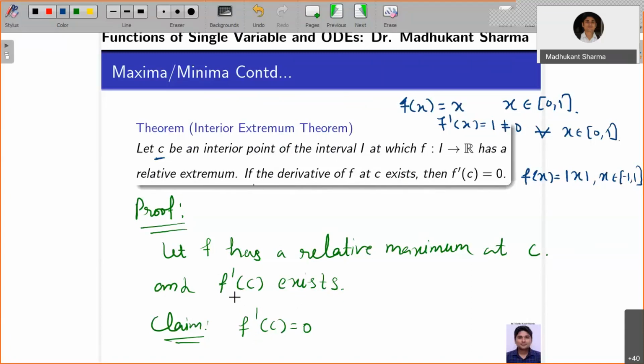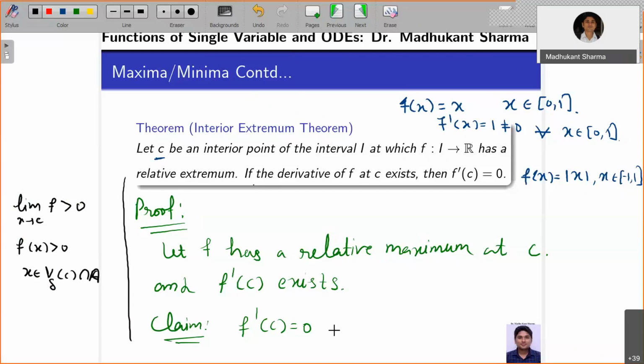I'm going to use this fact: if the limit as x tends to c of f is greater than 0, then f is positive in some neighborhood of c. There will be a neighborhood where it still remains positive. So we are going to use this result now to establish our claim.